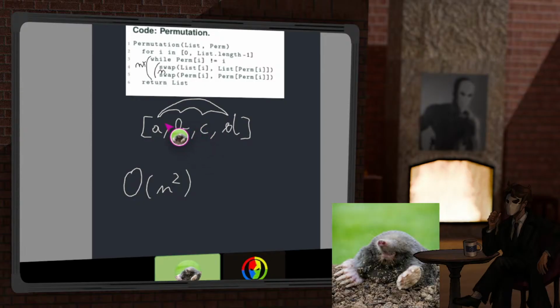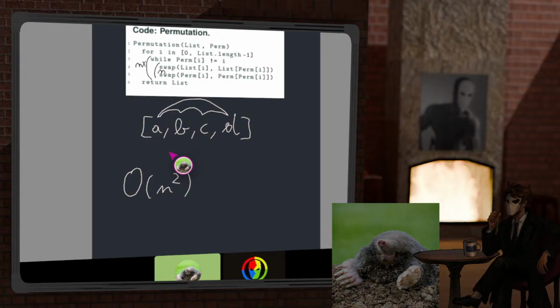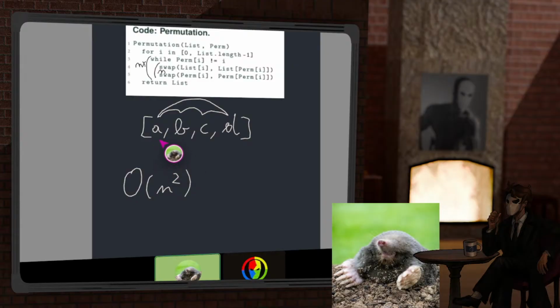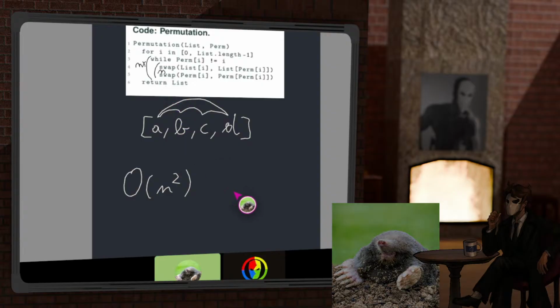But that also means that every value that we saw in this cycle is now solved. It is in its right place. So that probably means that on the next iterations of the for loop, we are going to have less work to do.